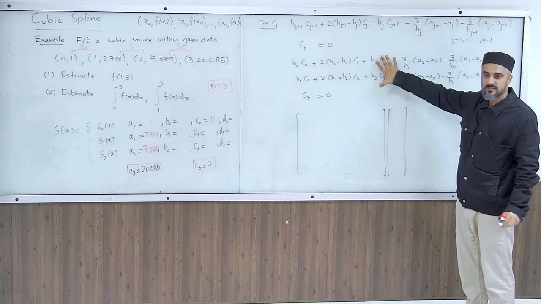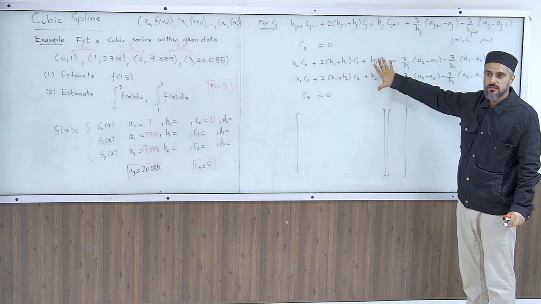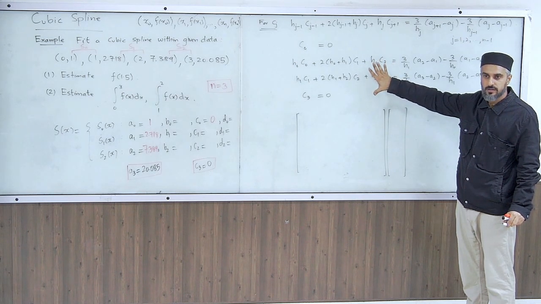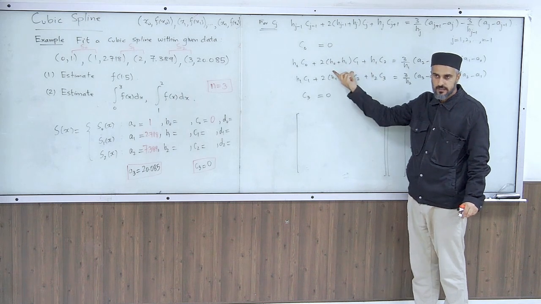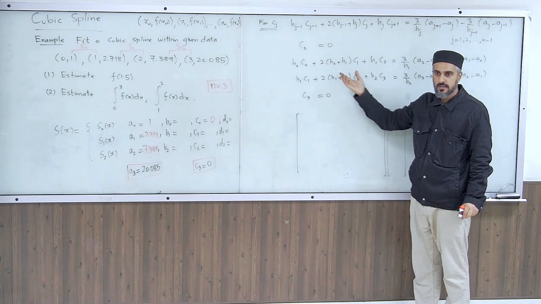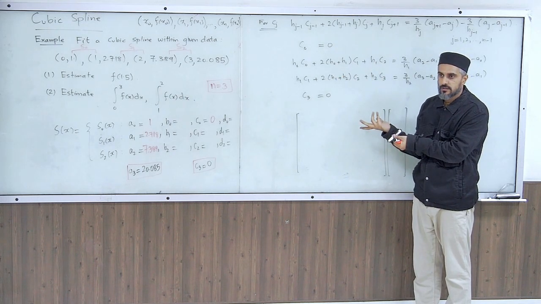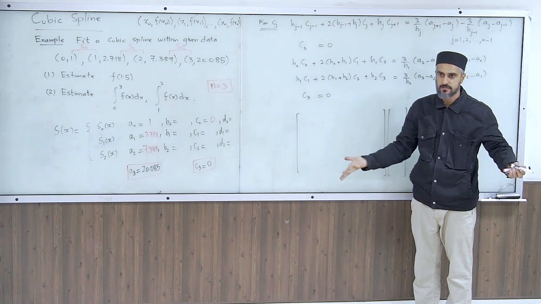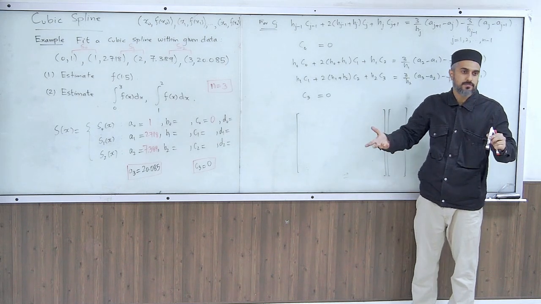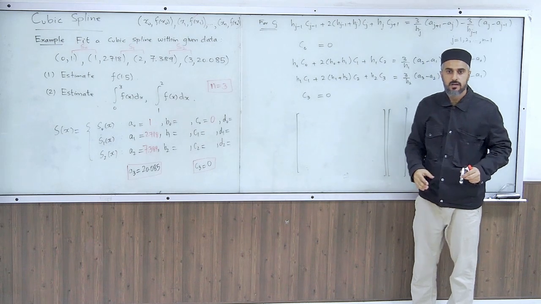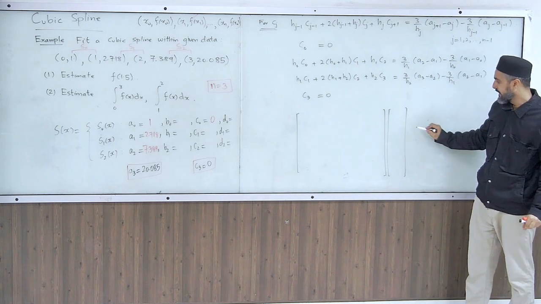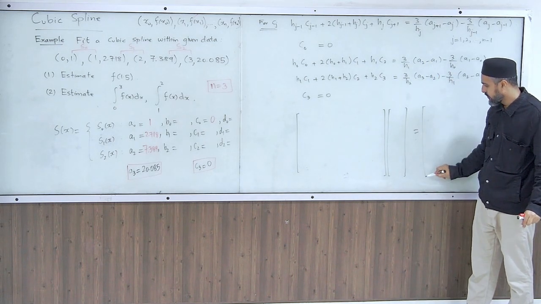This is a linear system. What are the coefficients of the cj's? They are some numeric numbers, so these are the linear equations you got. So you have to solve a linear system, in which you have to find c1, c2, and so on. How many unknowns? Let's try to write it in linear system form.